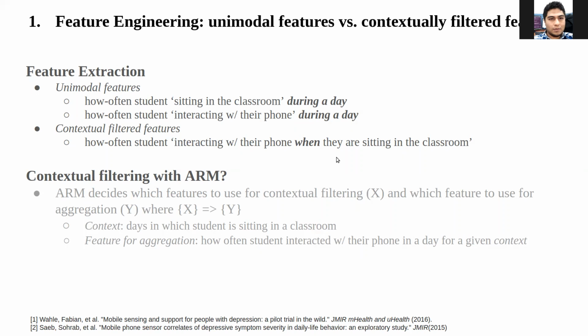So the way they find these behavior patterns, for example, interacting with the phone and sitting in a classroom co-occurring together, right? To find this kind of co-occurrence, they use the association rule mining technique.